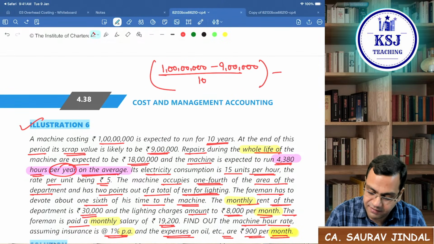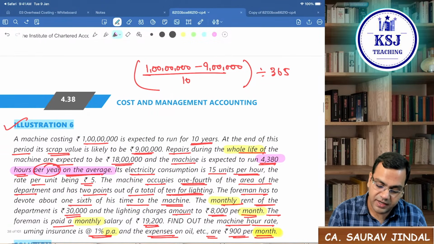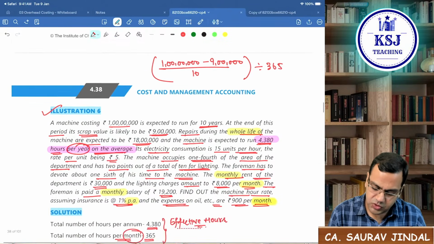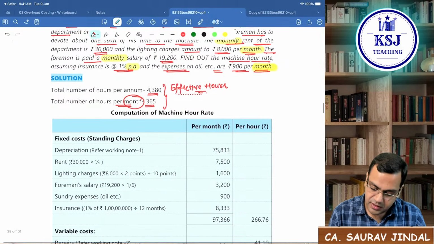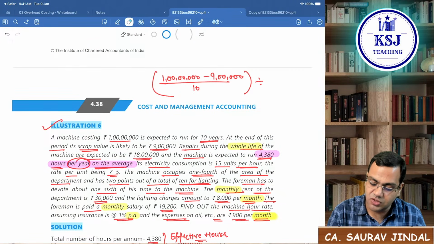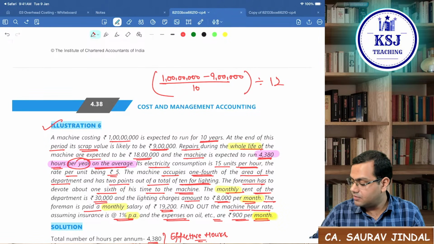This whole divided by 12, to calculate it monthly. If you are dividing it by 10, you will get it annually. Divided by 12, you will get it monthly.